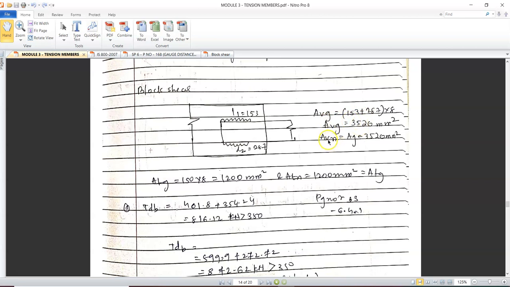Now coming to Avg, and Avn will be the same. Now coming to Atg, this length of 150 mm will be the length subjected to tension.